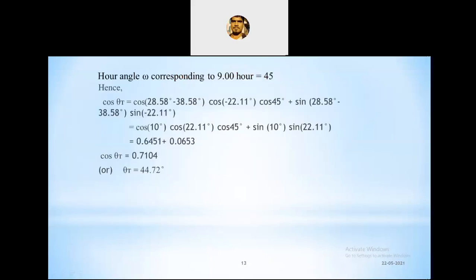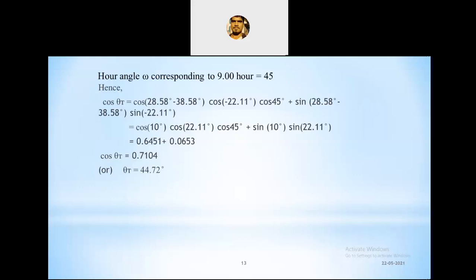Next we have to find out the hour angle. The hour angle is with respect to the latitude, the slope, and also the given time. It is a particular time as well as a particular day and particular latitude or meridian.